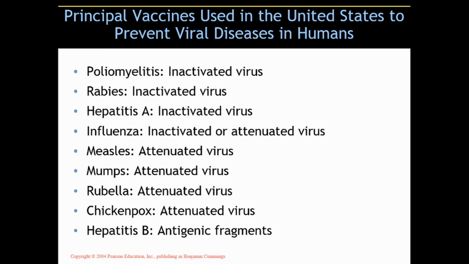For example, the MMR vaccination, those attenuated viruses, they act as natural boosters to us for the rest of our lives. So that in many cases, up to 95% of the cases, you will not get measles again. So it acts as a natural booster for us all of our lives.